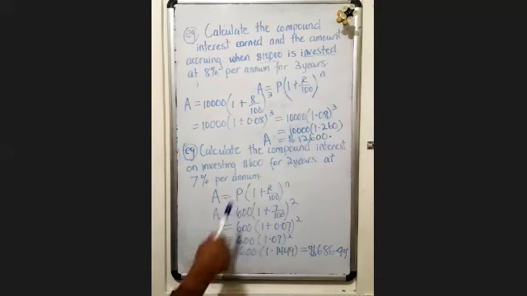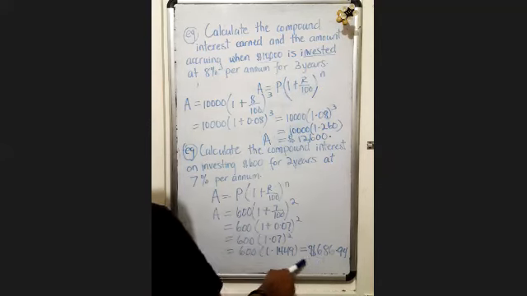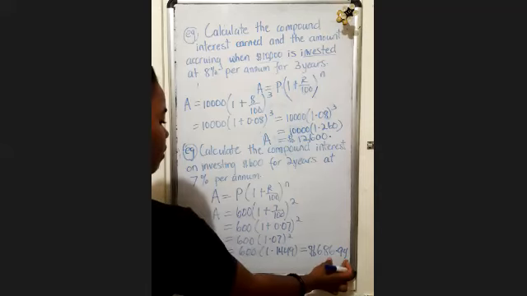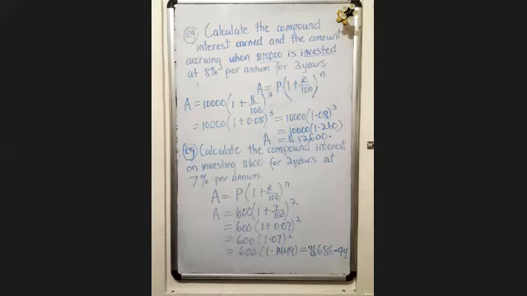Right? Again, we started off with $600 and we ended up with 686.94. So we have about $86.94 from interest.